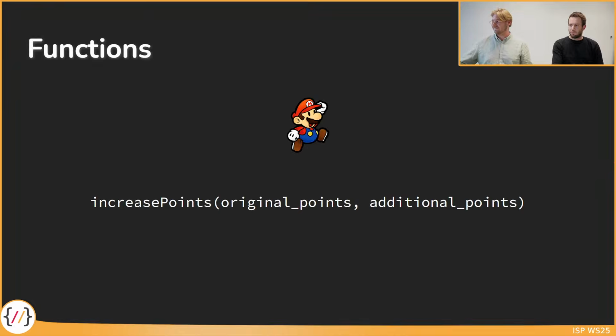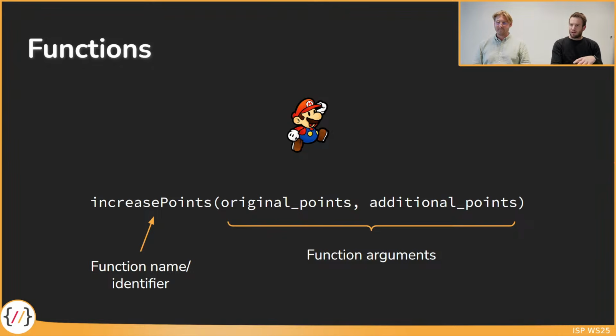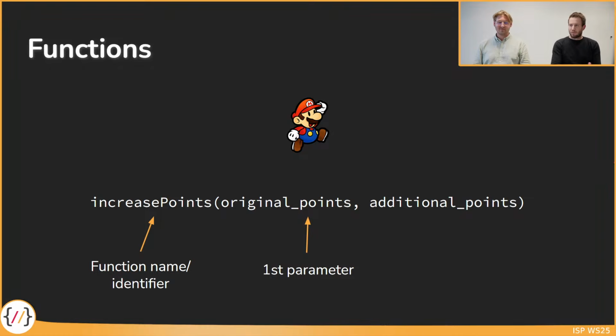So how can we implement this in C? In general, a function looks like this. We have a function name or identifier at the beginning, and then we have one, two or more parameters that we can define so that we can pass them to the function, and then the function can work with these parameter values.